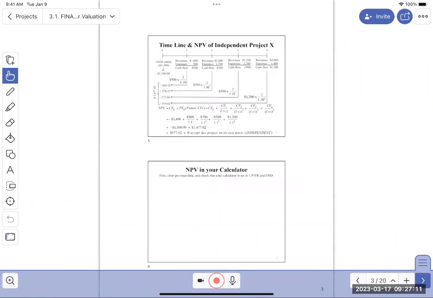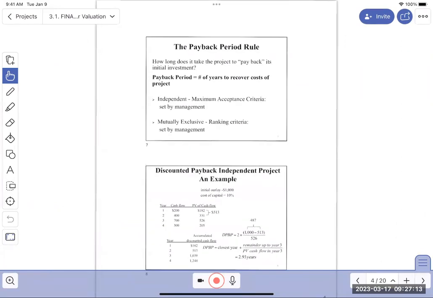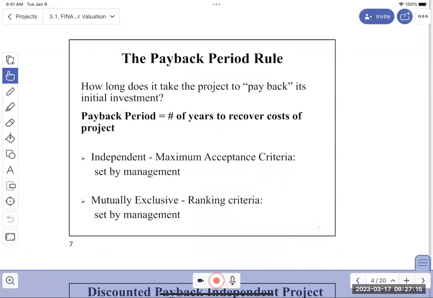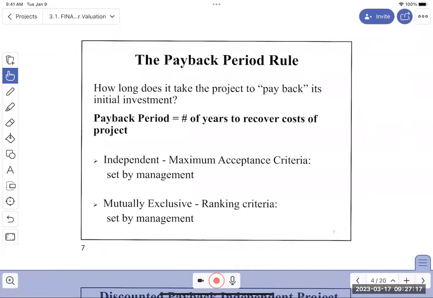But then I go on to introduce other methods of valuing whether an investment is worth it. And I begin with a very simple idea, concept, but you're looking at a different thing. We're looking here at when or how long before the investment expense is returned.